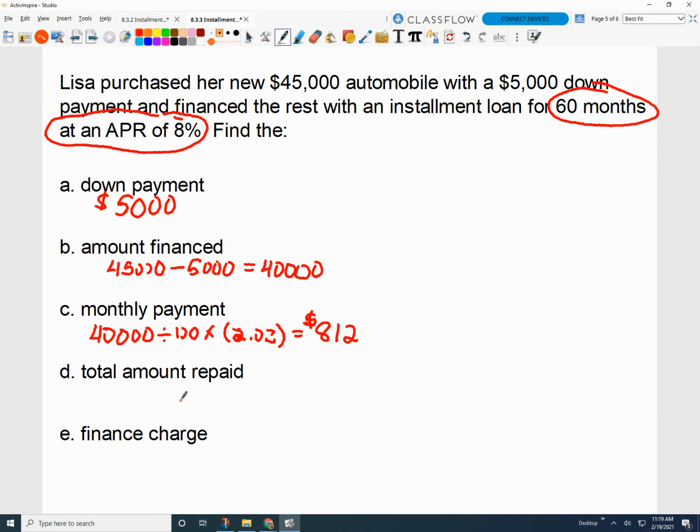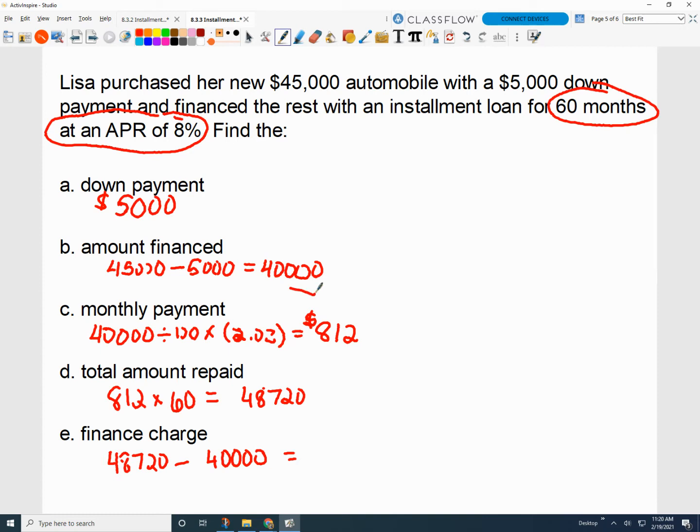So the total amount that she repaid, she paid $812 every single month for 60 months. So 812 times 60, she paid back $48,720. Now, you're asked the finance charge. The finance charge is how much she paid back, and you're going to subtract what she borrowed, not how much the car cost, because she made a down payment.